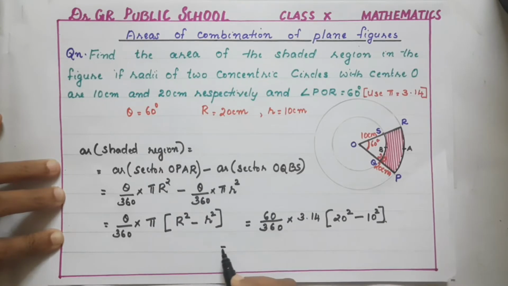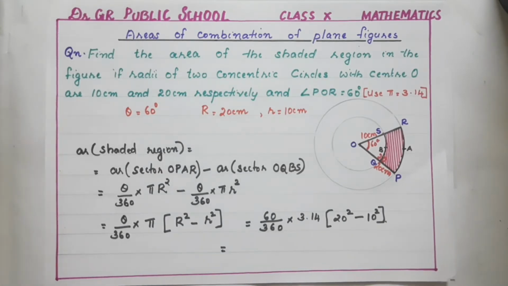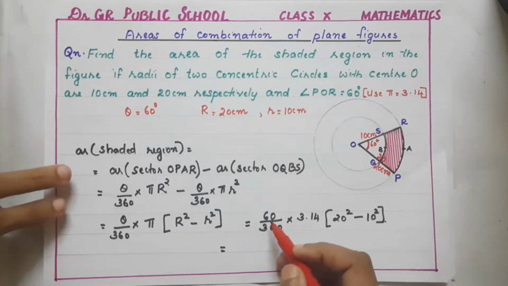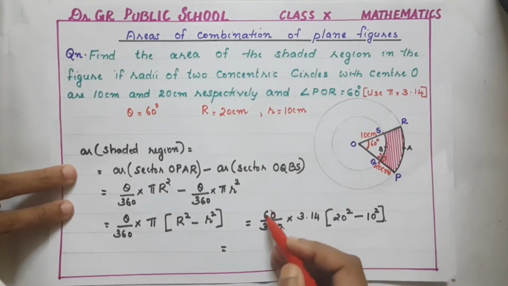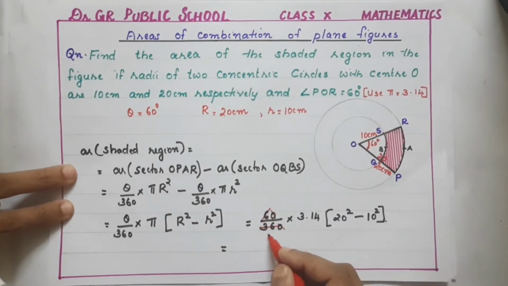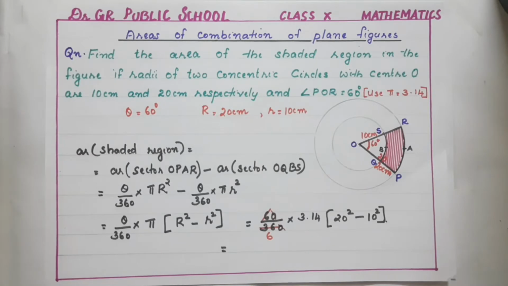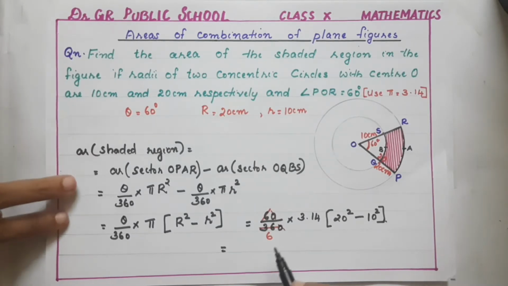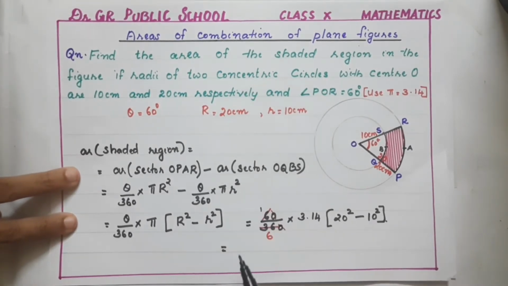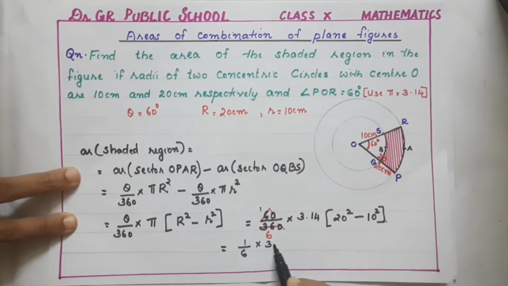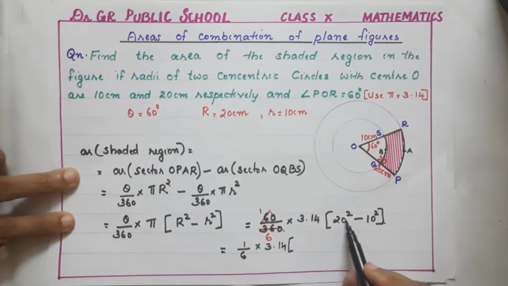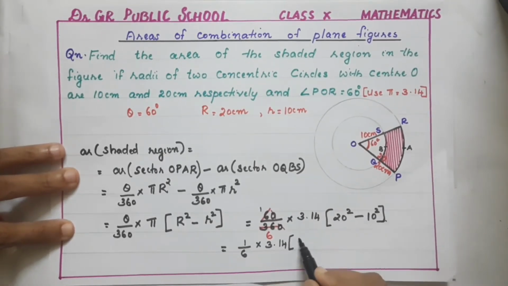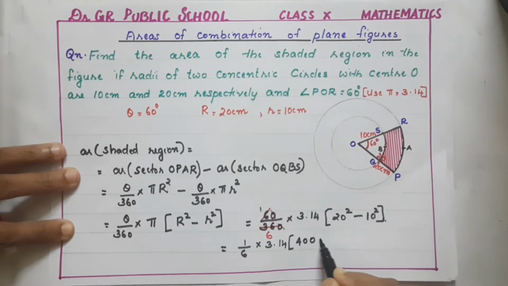Okay, children. Now, only simplification is left. 60 and 360, 0, 0 cancel. Here you can cancel 6. Now, what is remaining? Here 1. 1 by 6 into 3.14 into here, 20 square is 400, 400 minus 10 square is 100.